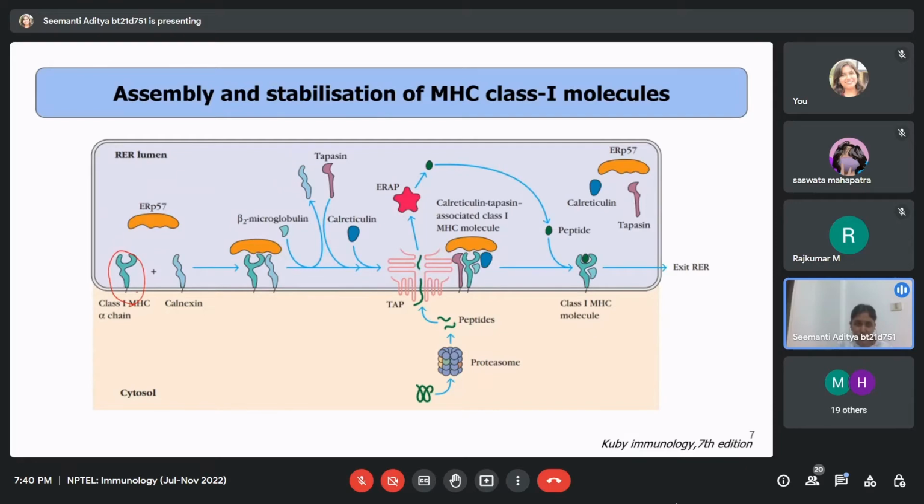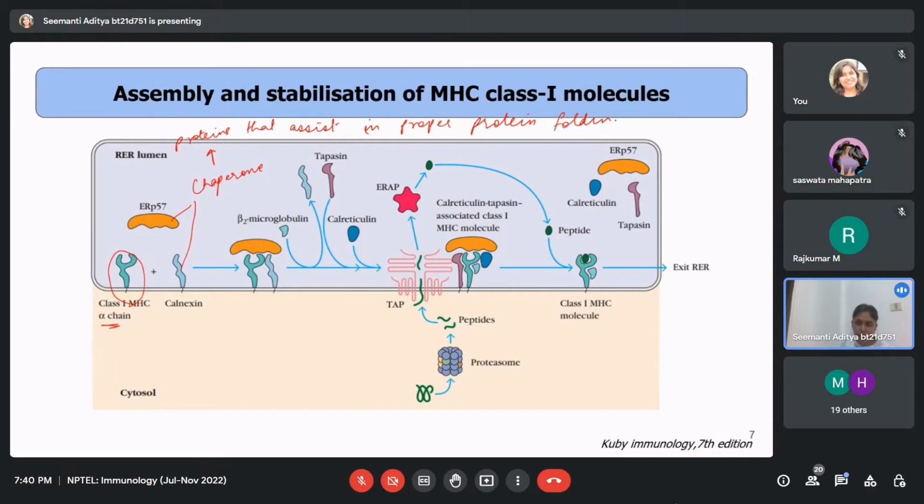In a class 1 MHC molecule, the alpha chain is present over here. The alpha chain is then bound to calnexin and ERp57. What are these? These are actually chaperone proteins. So what are chaperone proteins? Chaperone proteins are proteins that assist in proper protein folding.